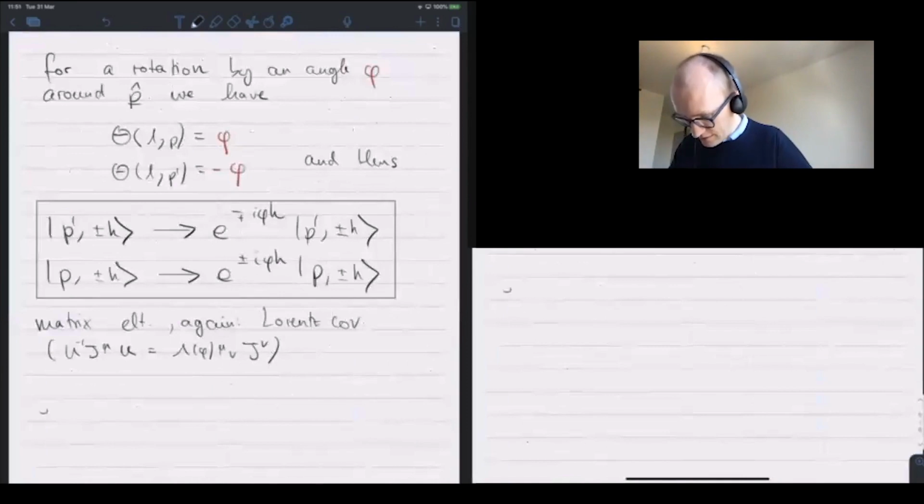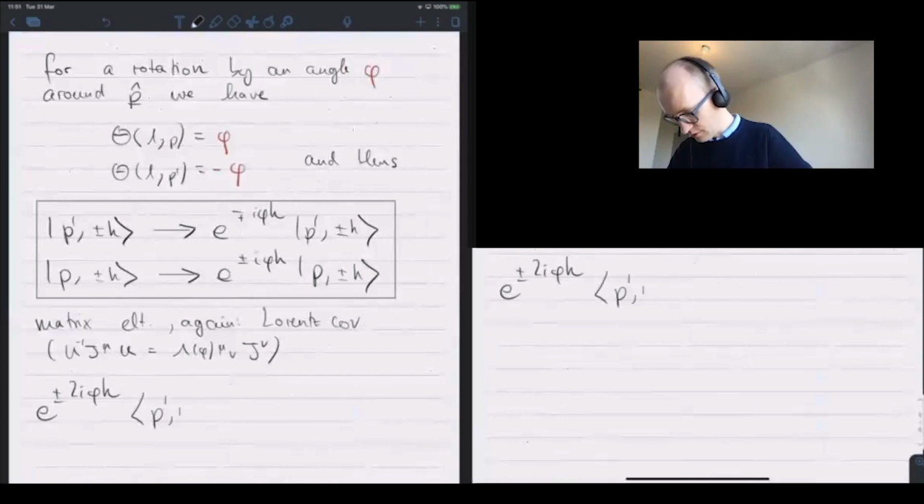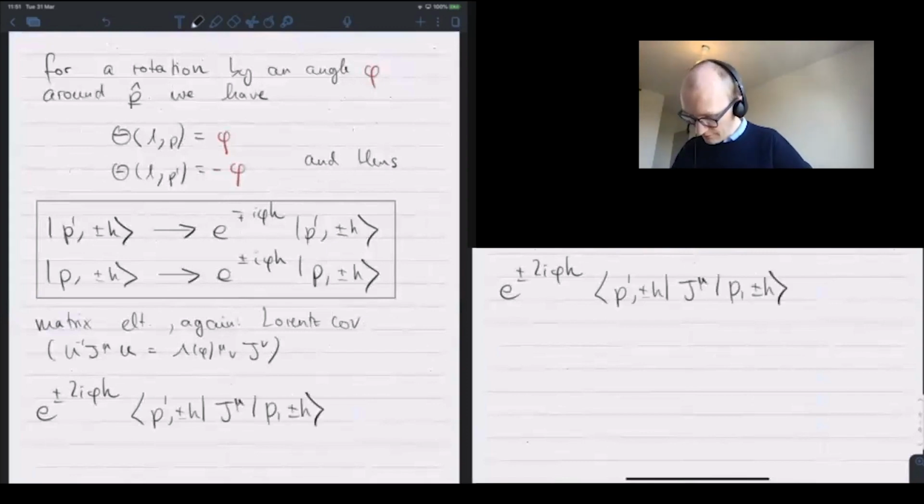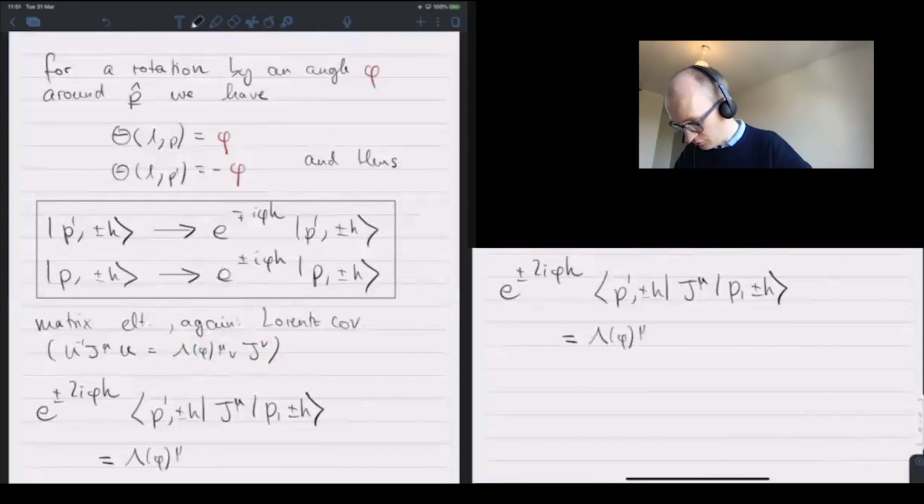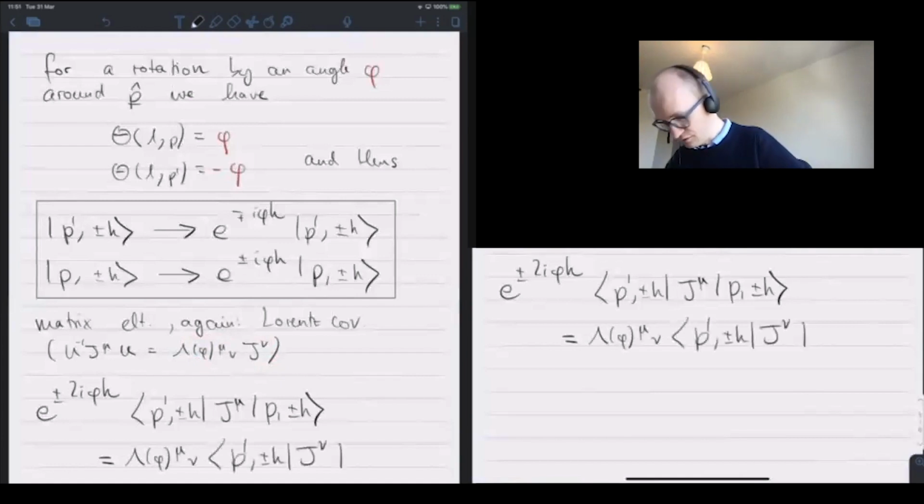So that means that e to the plus or minus 2i phi h, P primed plus or minus h J mu P plus or minus h, must be equal to this guy inside the matrix element, because I'm just using our Lorentz transformation properties. So lambda I can pull out, mu nu, but it's equal to this acting on P primed plus or minus h J nu P plus or minus h.